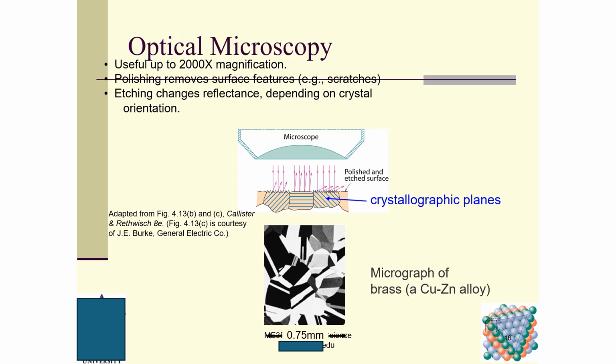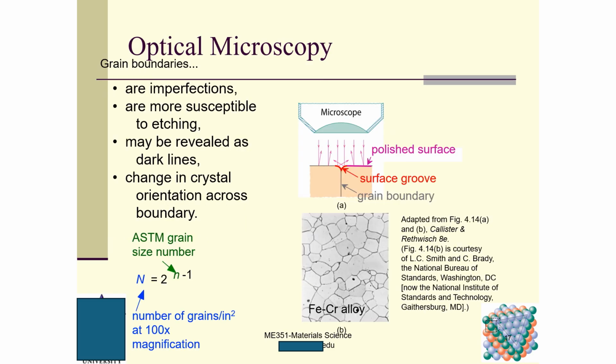This is a micrograph of brass, which is an alloy of copper and zinc. In the optical microscope you can see the grain boundaries here.